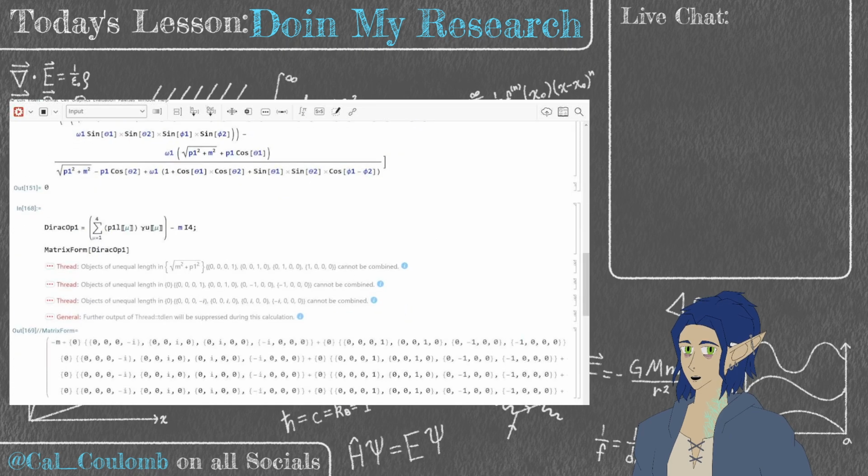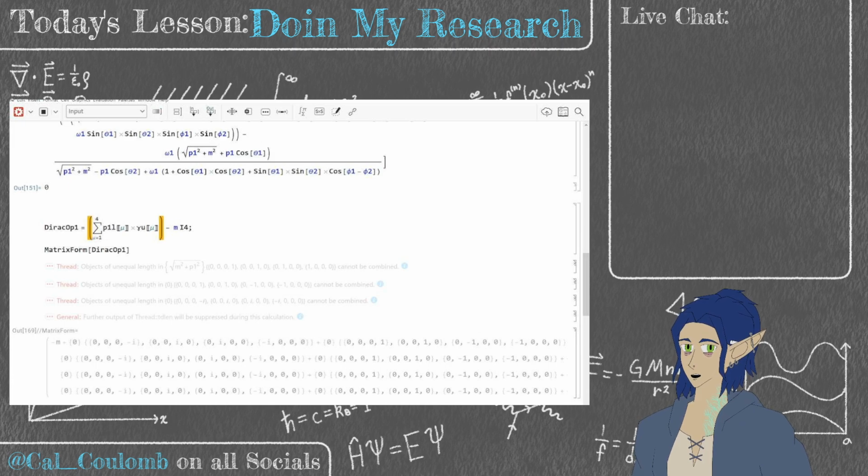I've run into this issue a lot, and I don't quite understand what the problem is. But sometimes if I just re-express things in different ways, the problem goes away. But I'm not entirely sure why yet. Because it should be taking the first element here and multiplying it by the first matrix.